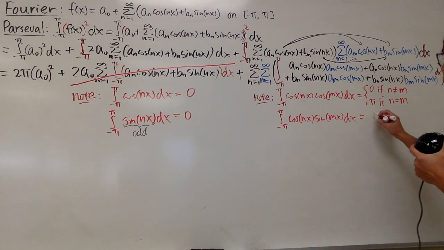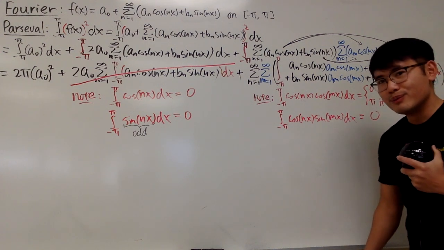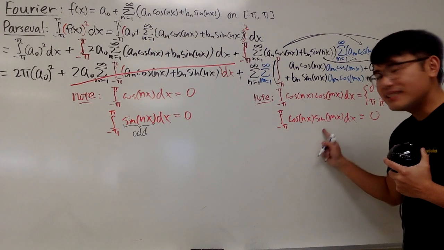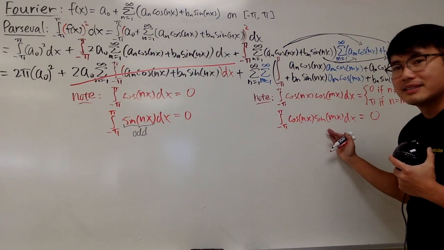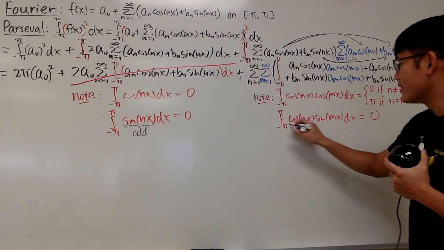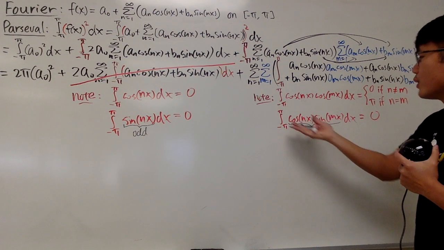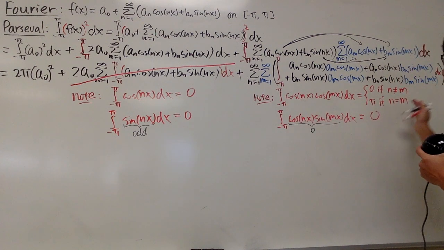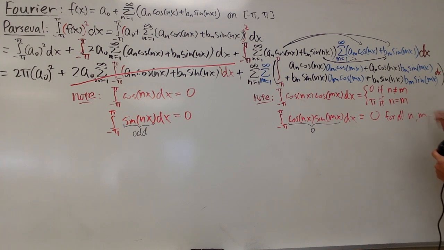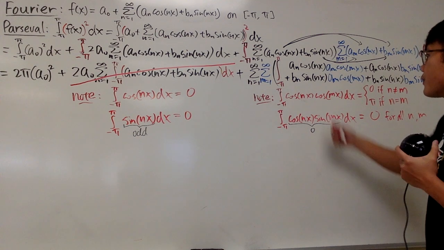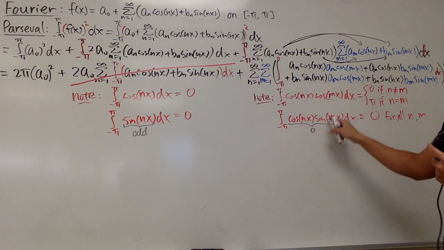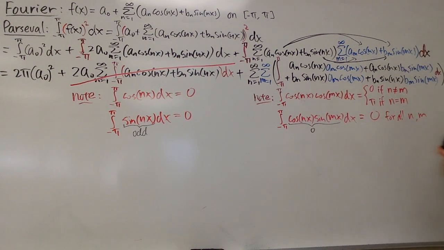This right here is always going to be 0 because cosine is even, sine is odd. Even times odd is odd. So all in all, here we have an odd function. Integrating this over negative pi to pi, we get 0. Very nice. So this is true for all n and m. Very nice. And of course, this situation, sine, cosine, is right here as well. Don't let the n or m bother you, so I don't need to write that down again.